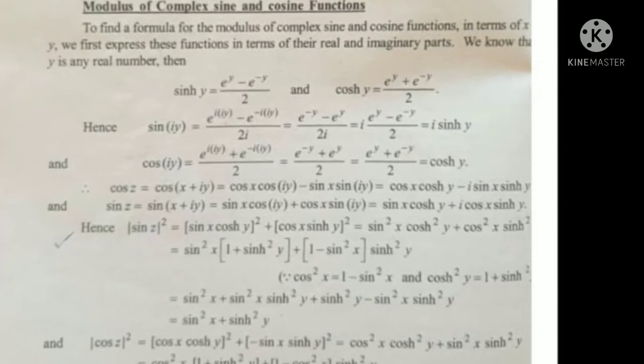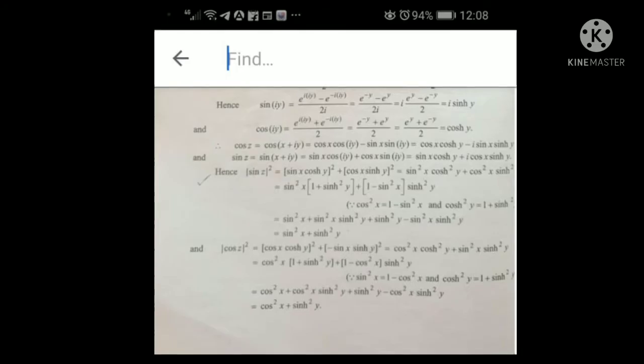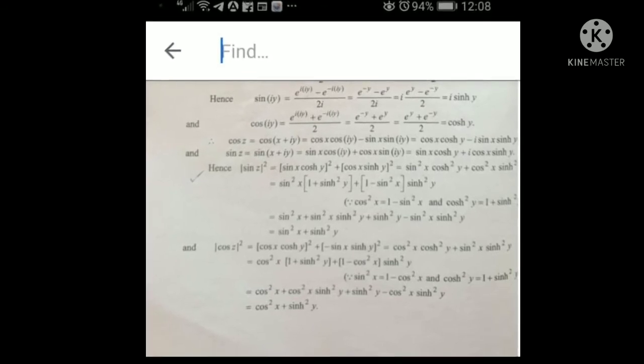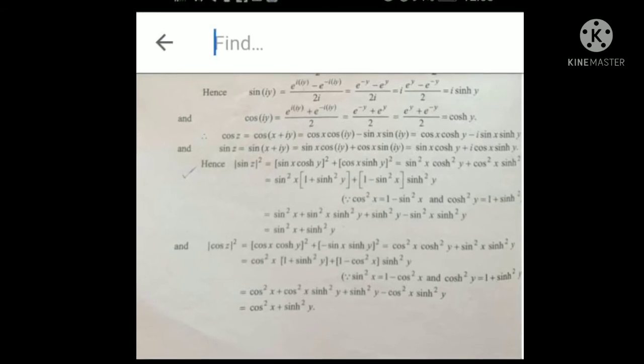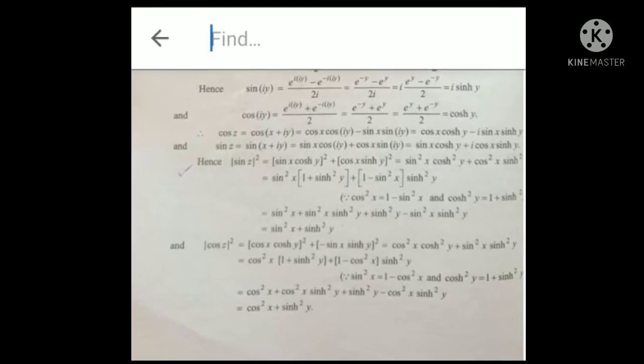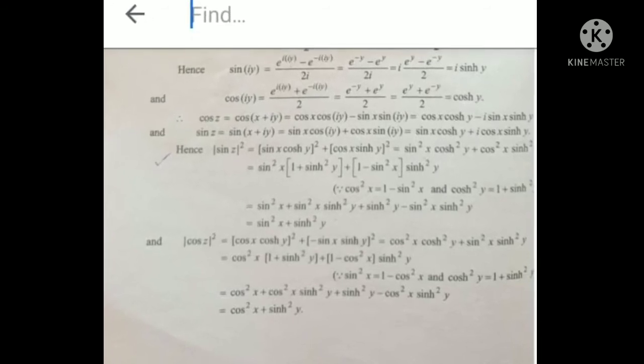So cos z equals cos(x + iy), where z equals x + iy. We know the expansion of cos(a + b). Likewise, cos(x + iy) equals cos x cos iy − sin x sin iy, which can be written as cos x cosh y − i sin x sinh y.